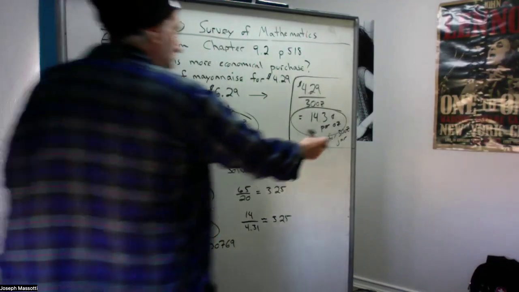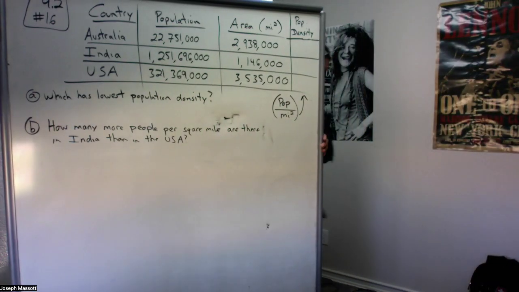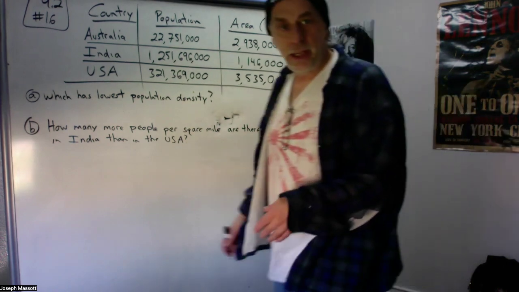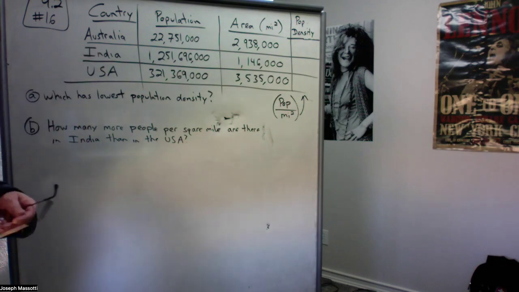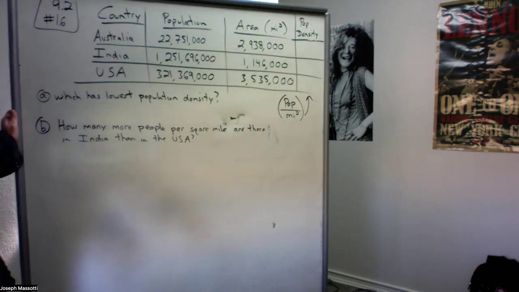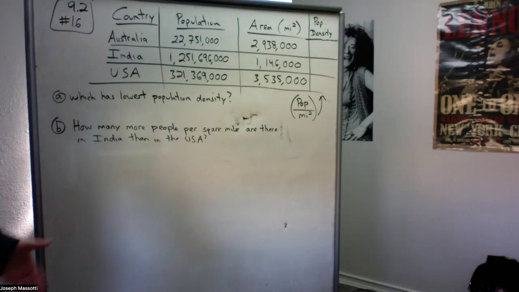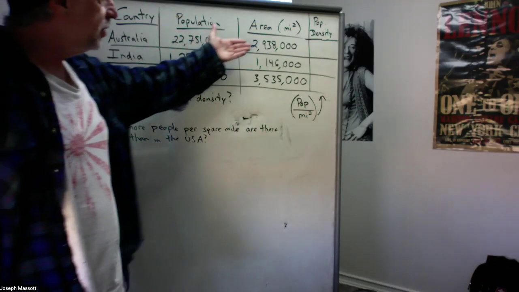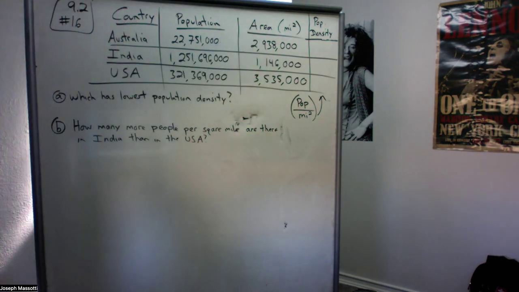Let's look at one more from this section. This is number 16 in your book, and it gives you a table of populations of 3 countries here, Australia, India, and the USA. Gives you their populations and the area of the nations in square miles.